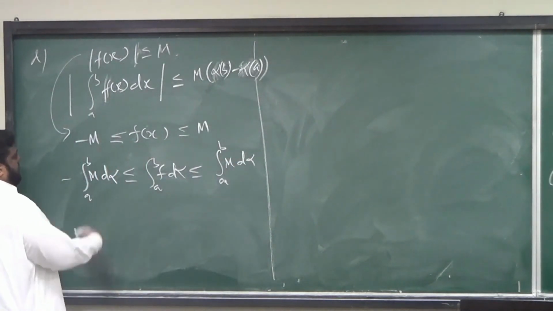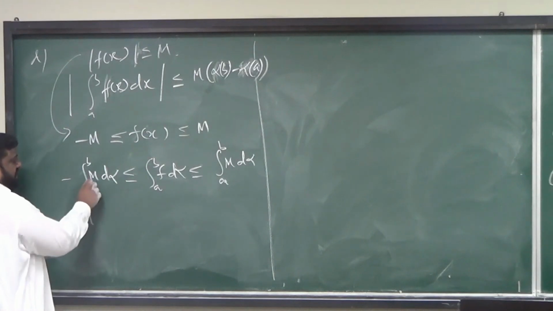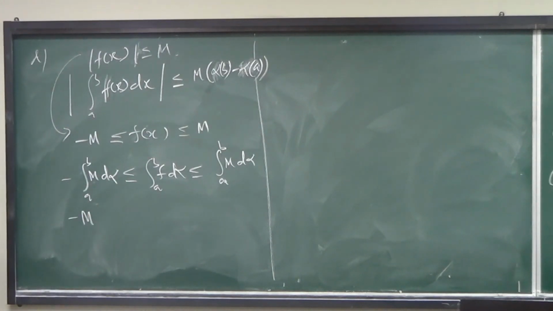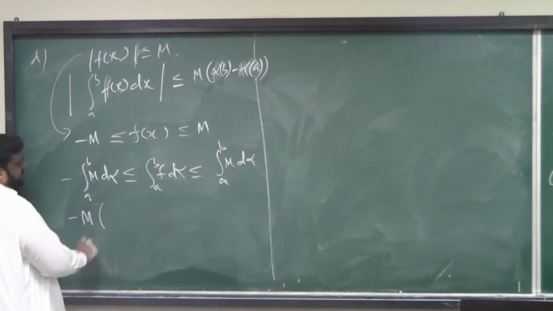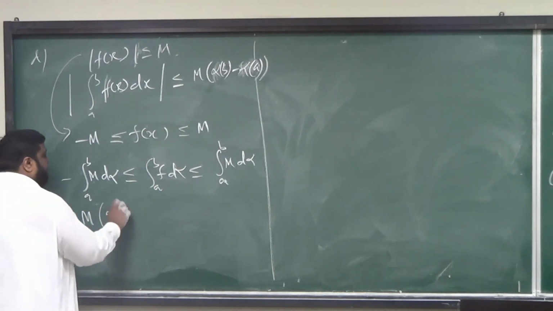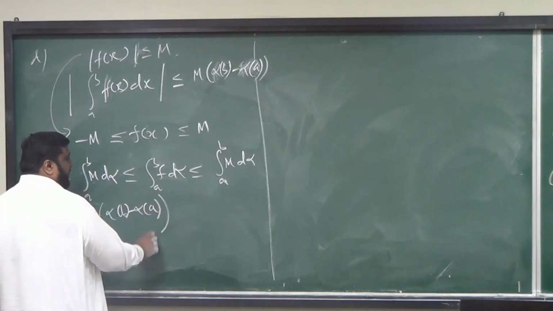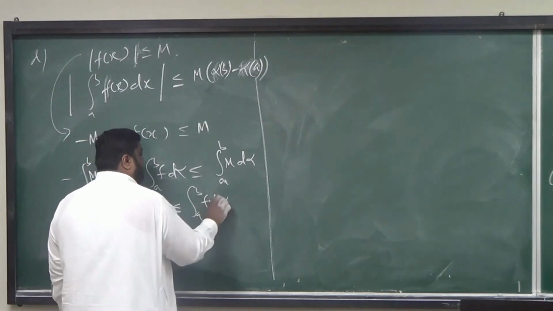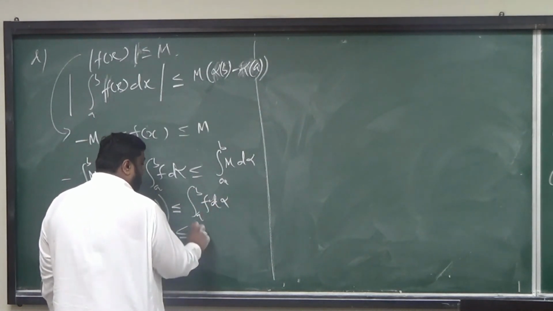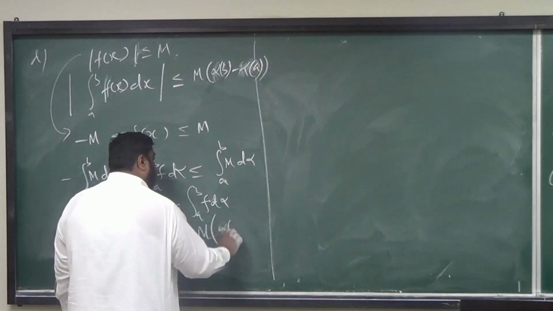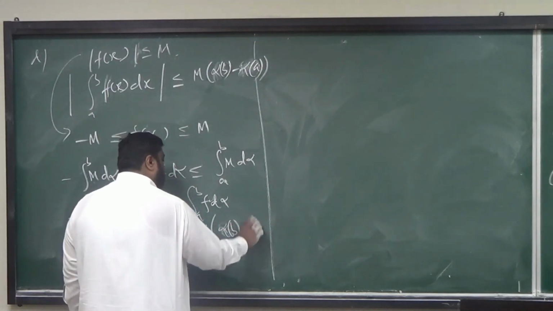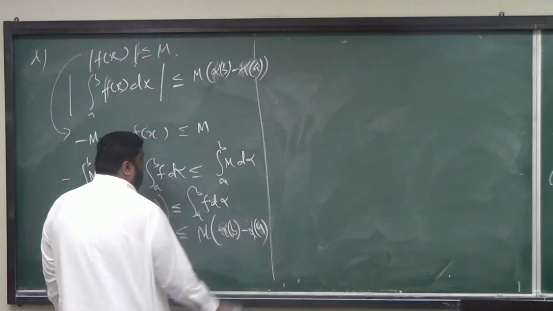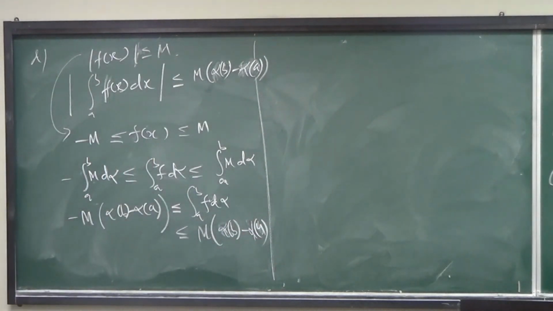This M is a number, we just proved it, so I can pull it out of the integral. Minus M times alpha of b minus alpha of a is less than or equal to the integral from a to b of f d alpha, and less than or equal to M times alpha of b minus alpha of a. That gives you what you want.